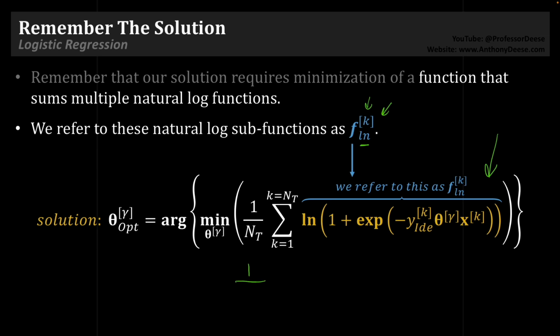So if we were to look at this down here, we have 1 over nt, the sum from k equals 1 to nt of natural log k, right? That's the same as what we have up above. Because when we demonstrate how to physically implement this method, it's going to be easier for us to use these functional representations as opposed to having to use this equation every single time.